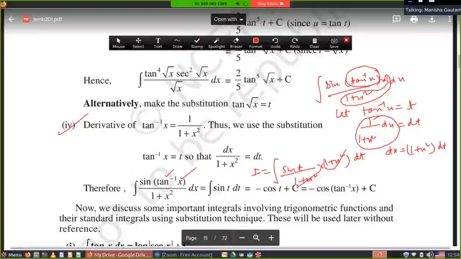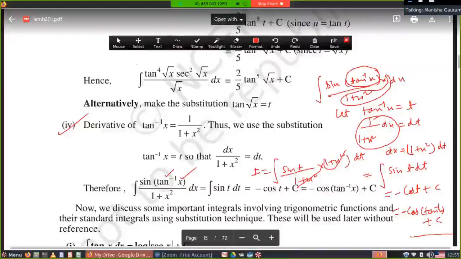This is cancelled by this, what you are getting? Sine t dt. And the integration of sine t dt is minus cos t plus constant. Put the value of t, that was tangent inverse x, plus constant. This is the answer.